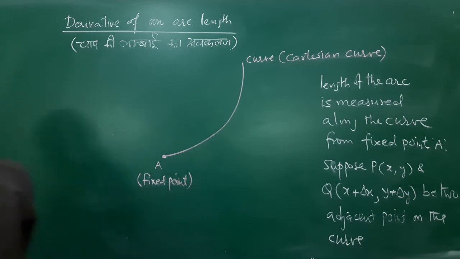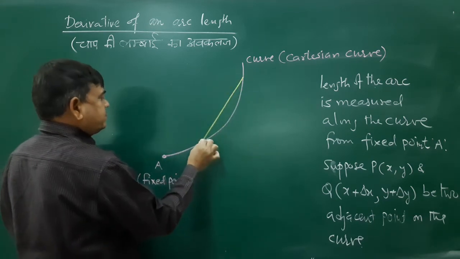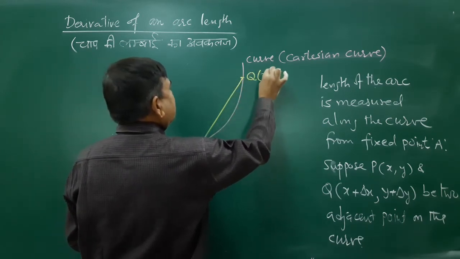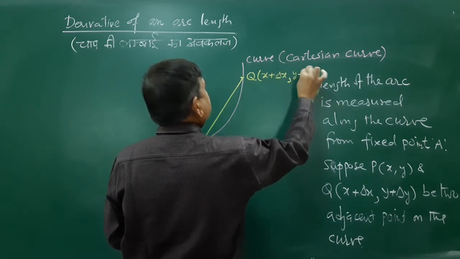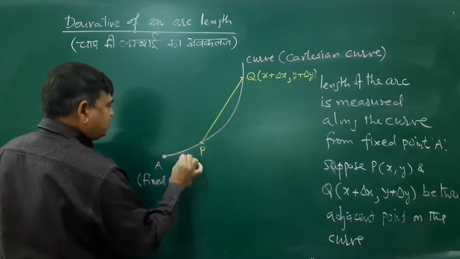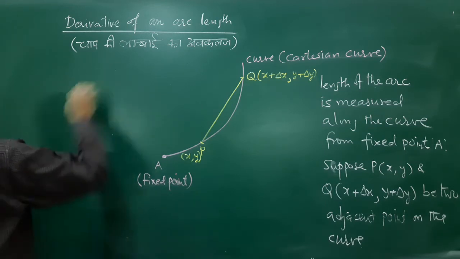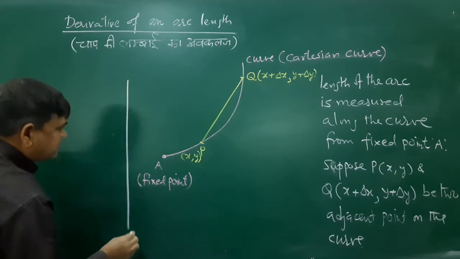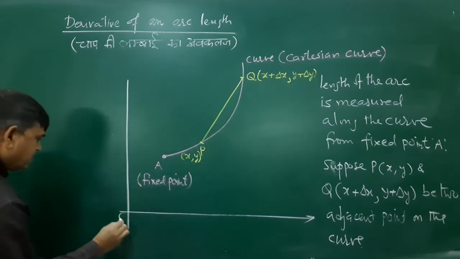So let us see. This point is P and this point is Q. Coordinates x plus delta x, y plus delta y. And this point is x comma y. Cartesian system, so x axis and y axis. So this is the origin.